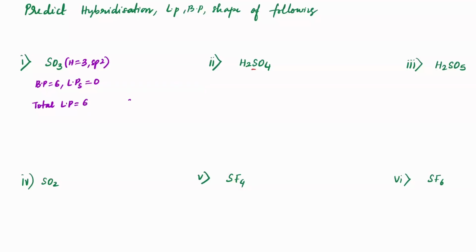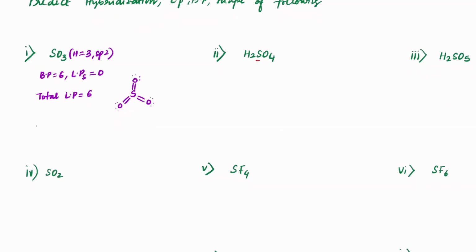The structure is like this: S double bond O, double bond O, and double bond O. So two lone pairs here, two here, and two here. Shape is trigonal planar.